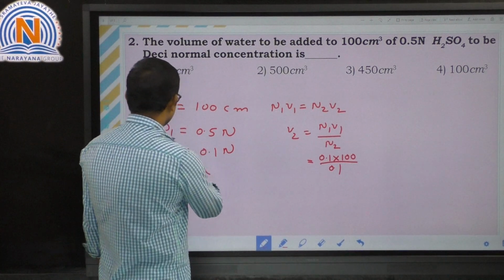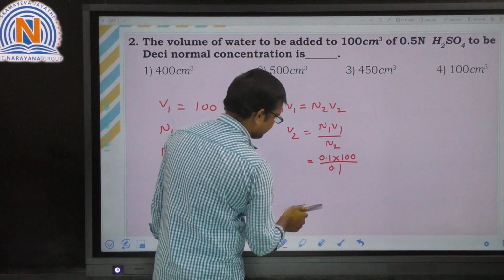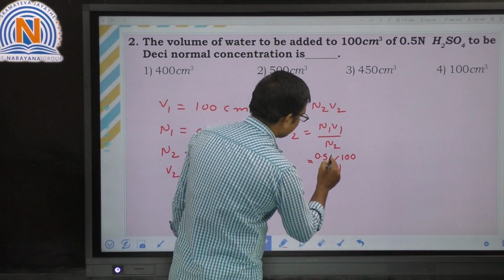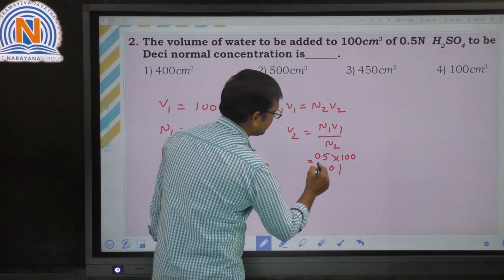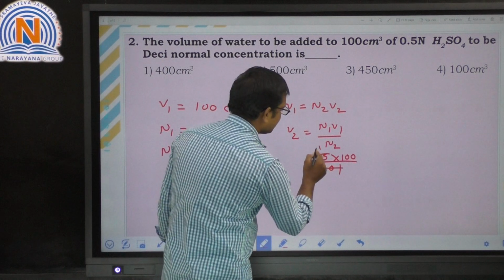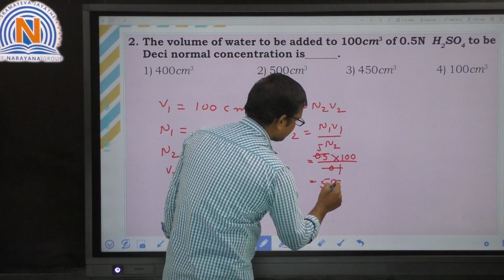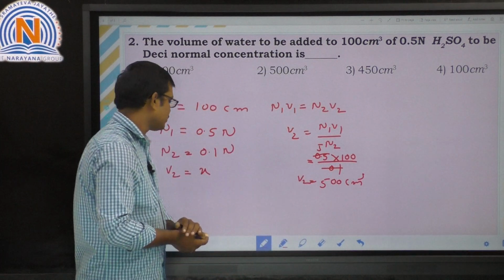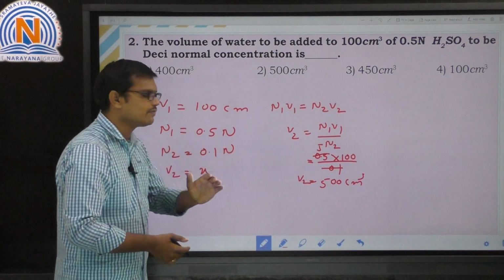Then calculate: 0.5 into 100 by 0.1 gives 500 cubic centimeter. So V1 equal to 100, then V2 equal to 500.